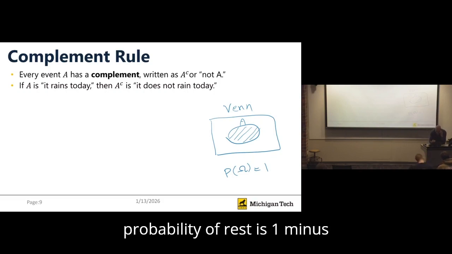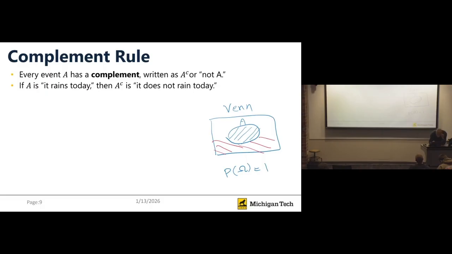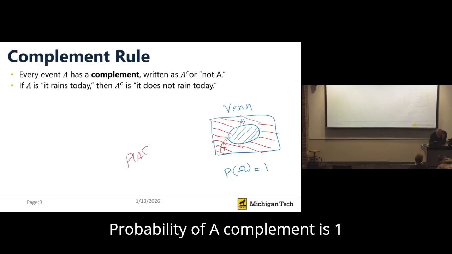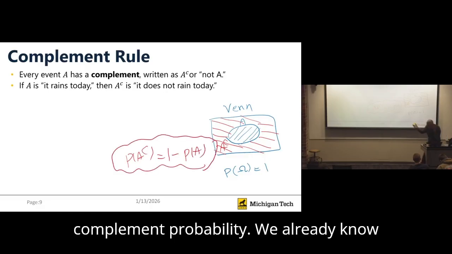So the probability of the rest is 1 minus the probability of A. That is A complement. The probability of A complement is 1 minus probability of A. So this is called complement probability. We already know that.